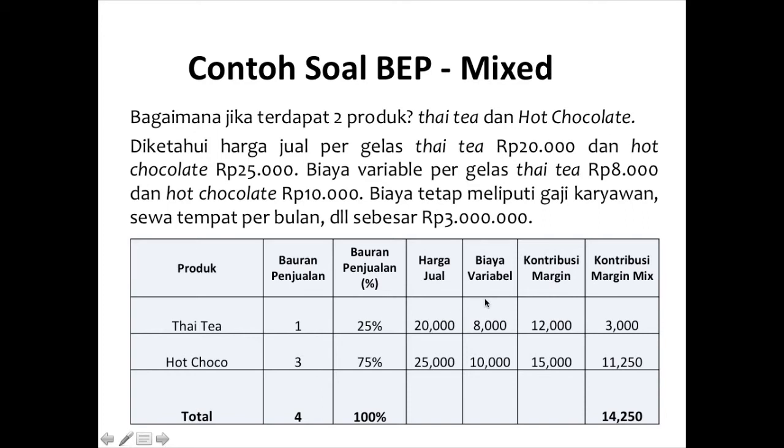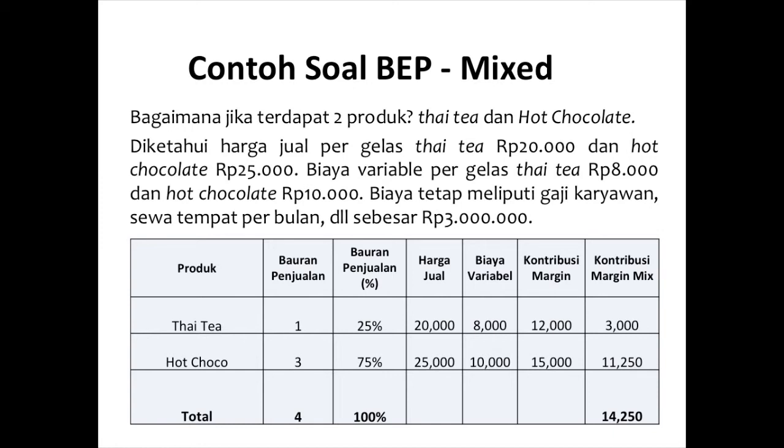Let me repeat: the selling price per unit minus the variable cost per unit, or COGS per unit, is equal to the contribution margin. So 25% multiplied by the 12,000 rupiah, the contribution margin mix for Thai tea is 3,000.